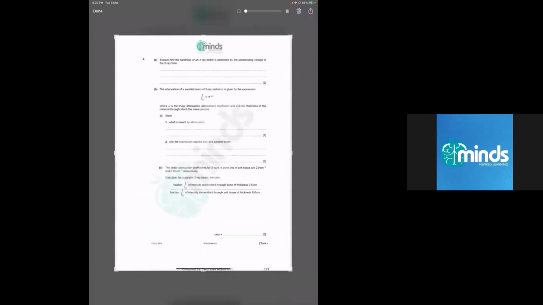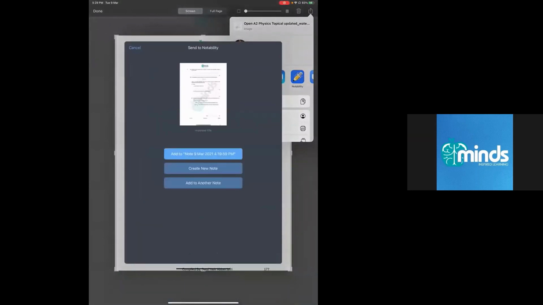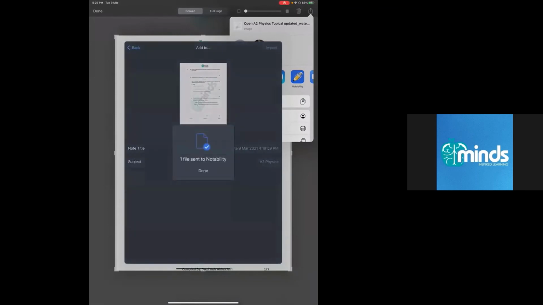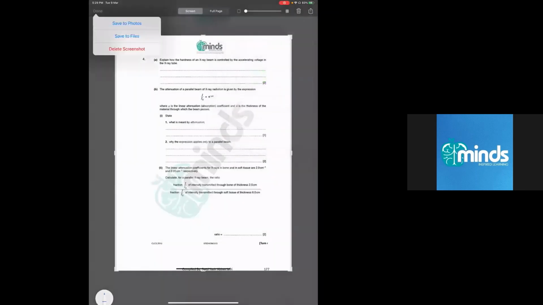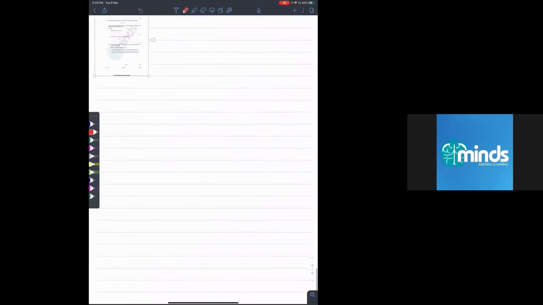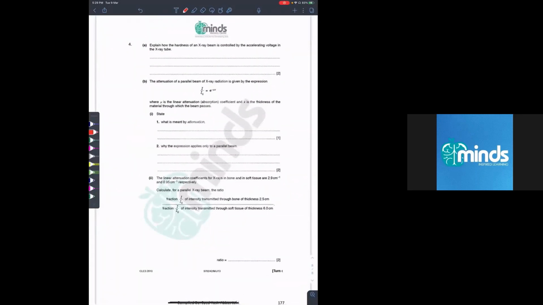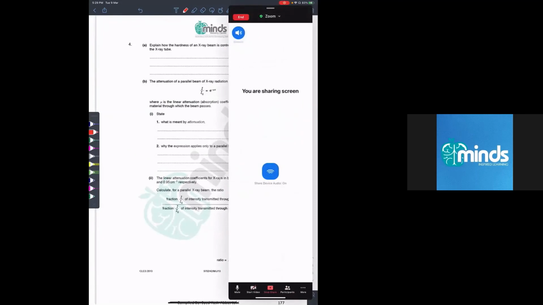So this is question number 4, page 177. Those who got the booklet, they may start solving. Those who don't have the booklet can see the question on the screen as well. Okay, so start solving it. Once you are done solving it, let me know. We will discuss this.